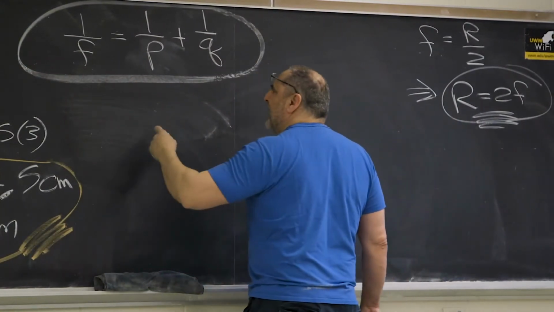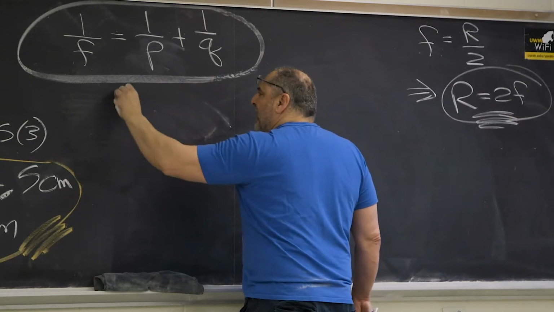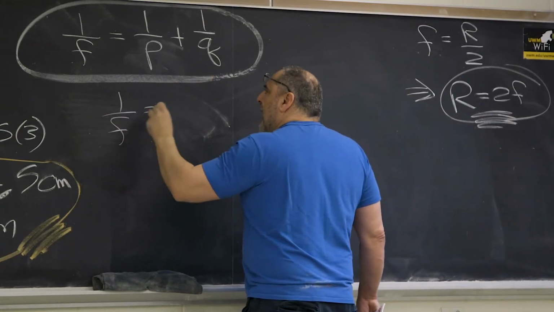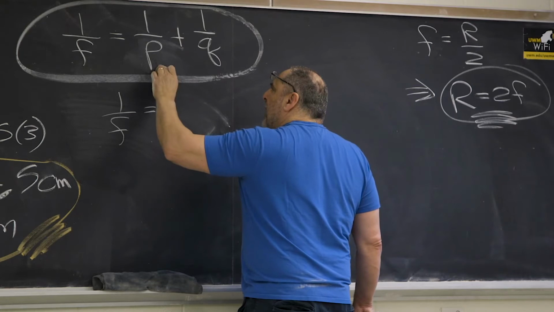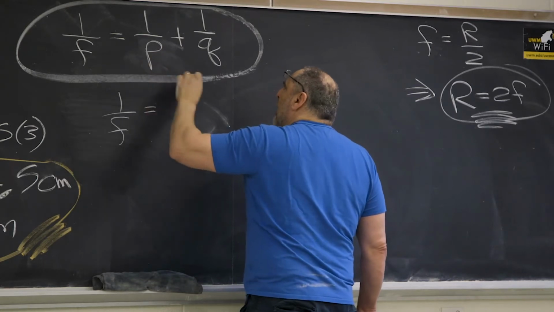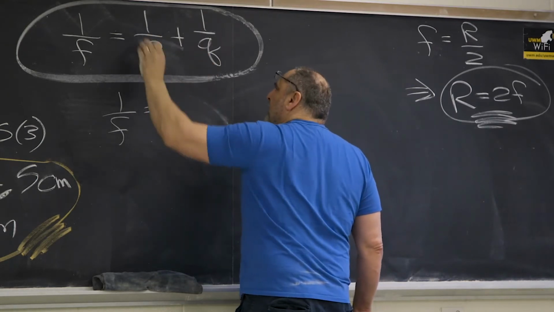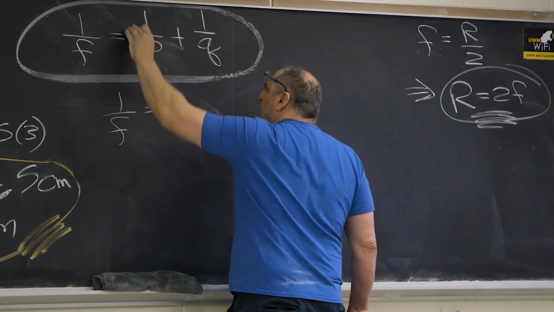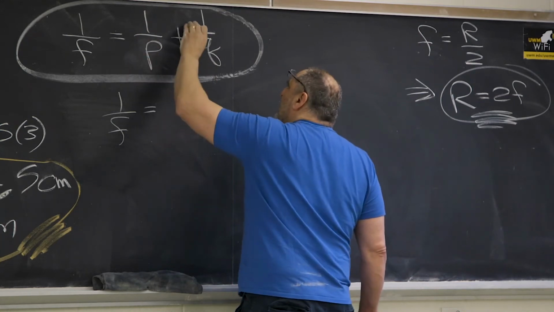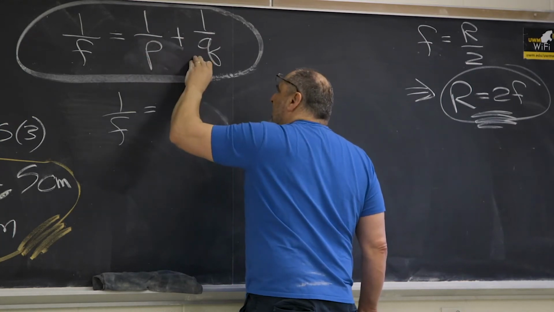What are you going to do? Let's be very symbolic about the whole thing. Multiply by Q over Q here. Multiply by P over P. You know, multiply by a special one called Q over Q right here. Multiply by a special one called P over P right here.